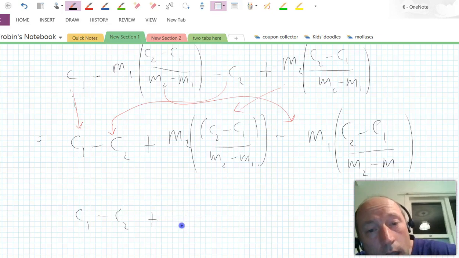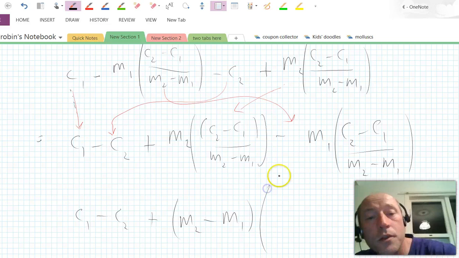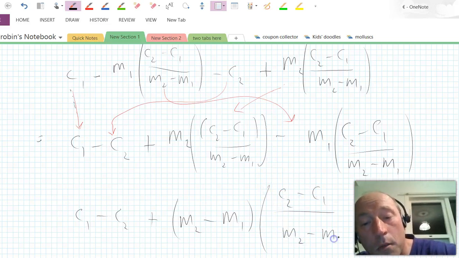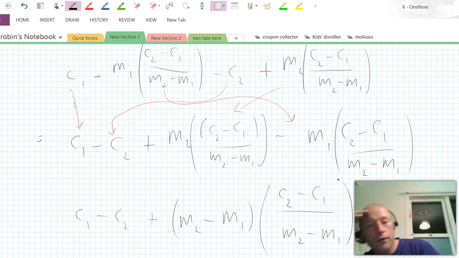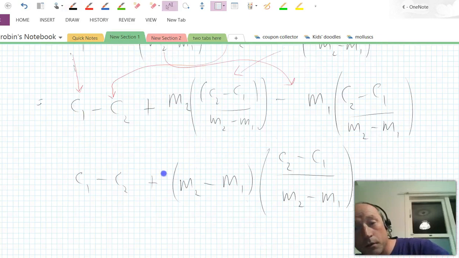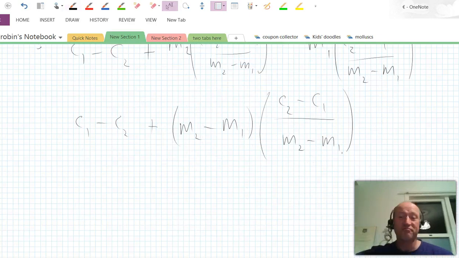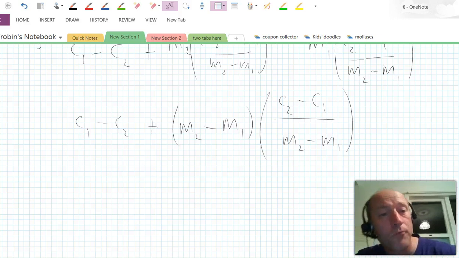So it's (m2 minus m1) times (c2 minus c1) over (m2 minus m1). Okay, all I've done is factorize it. I'm noticing it's m2 times something minus m1 times something, and I've just written the something there times (m2 minus m1). That's right, distributivity that we talked about in screencast something. Okay, put that in brackets as well because I feel like it.